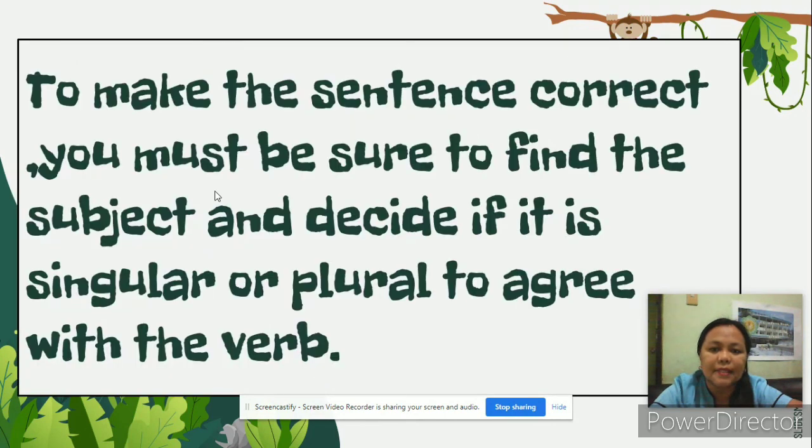Next, to make the sentence correct, you must be sure to find the subject and decide if it is singular or plural to agree with the verb. Okay? Singular subject takes a singular verb. Okay, remember that. Plural subject takes a plural verb.